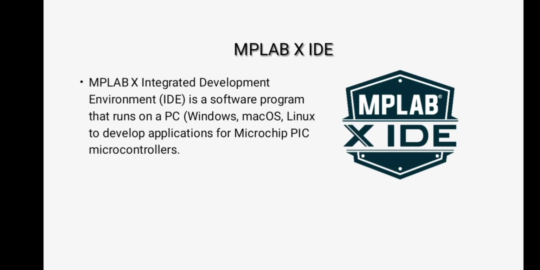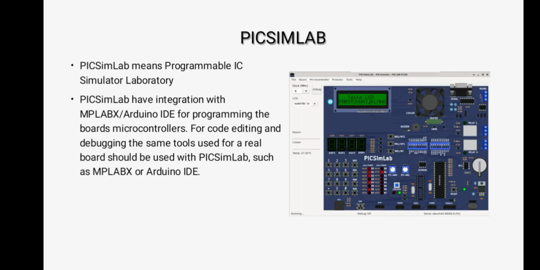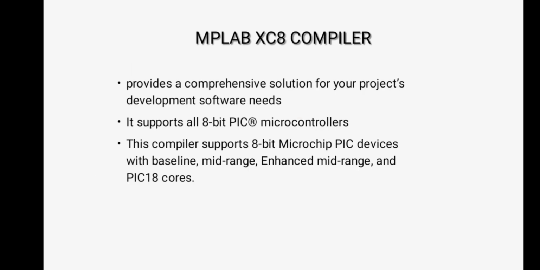MPLAB X IDE is where we write the program code, which is then dumped into the tool called PicsimLab. And to compile the program, we need a compiler, so we are using the MPLAB XC8 compiler.